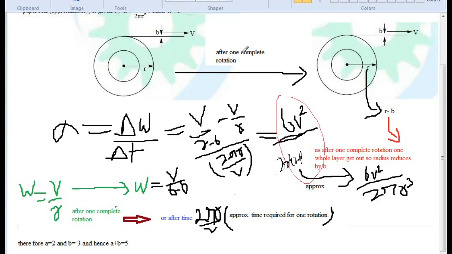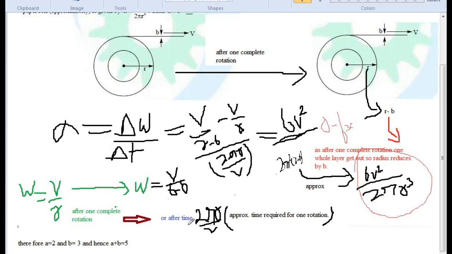Here you can see. And now since b is very small, we can say that r minus b is nearly equal to r. So again we can replace r minus b with r. So our answer will be v square upon 2 pi r cube.